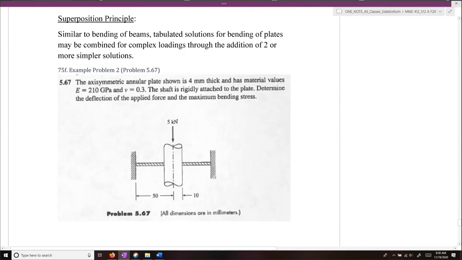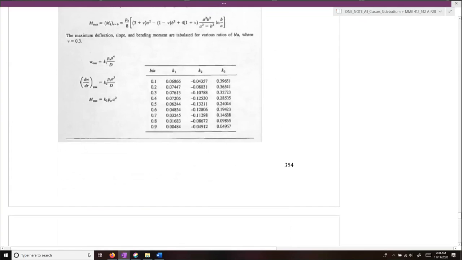If you have multiple loads being applied to the plate that don't fit one of these conditions, but each of the loads individually fits the cases described in these tables, you can add the solutions together to get the desired answer.